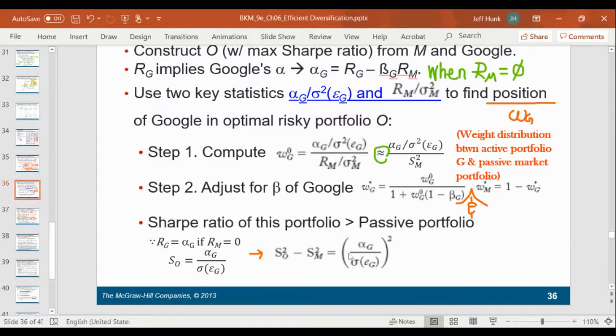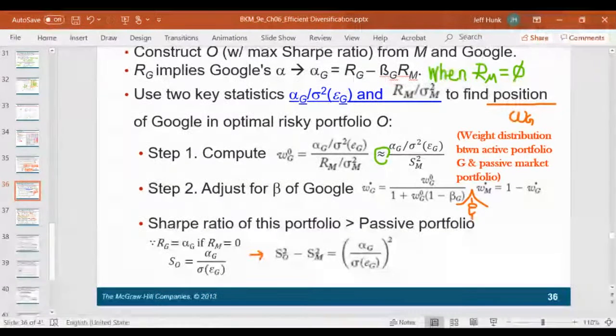If these ratios are the same, then this number will be 1, right? If these two ratios are the same, the number will be 1.